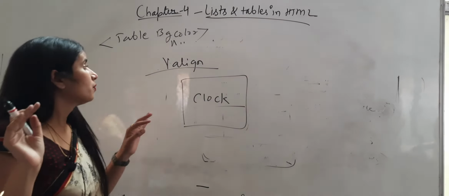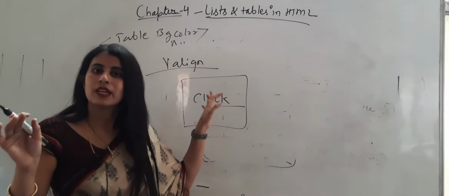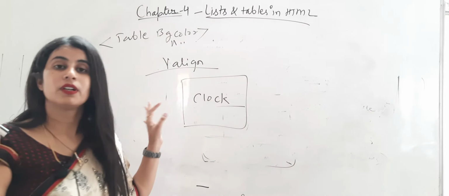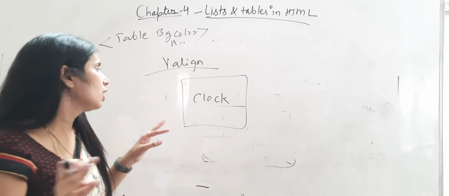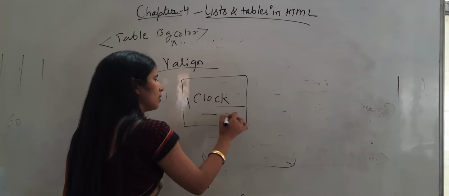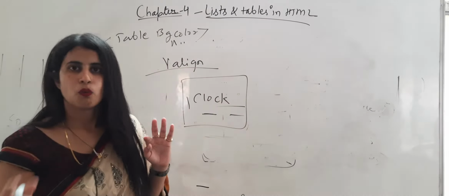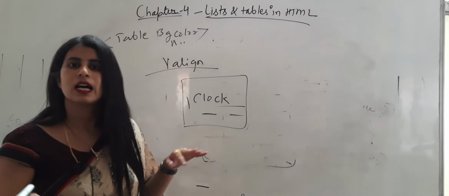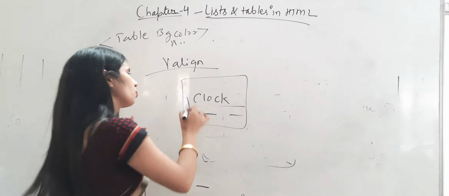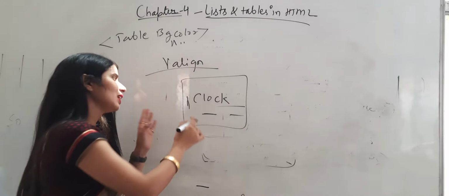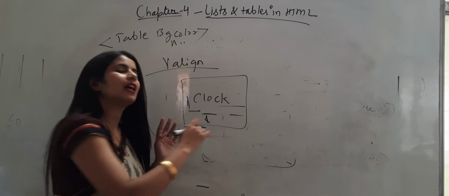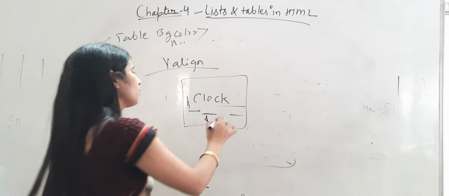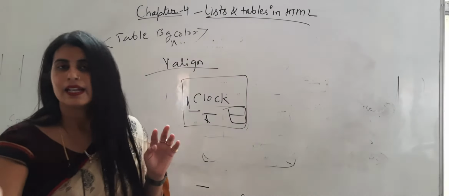In alignment there are three options: left, center, right. If I am using left, I am aligning it on the left side, here I am aligning it in the middle, here I am aligning it on the right side.